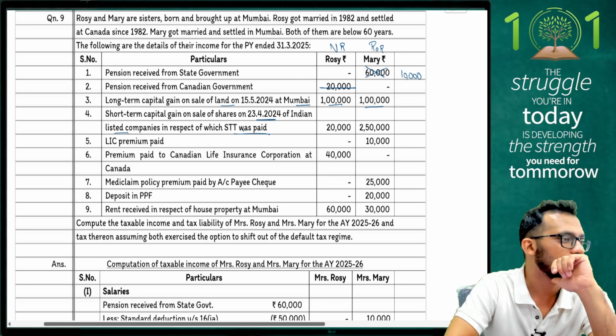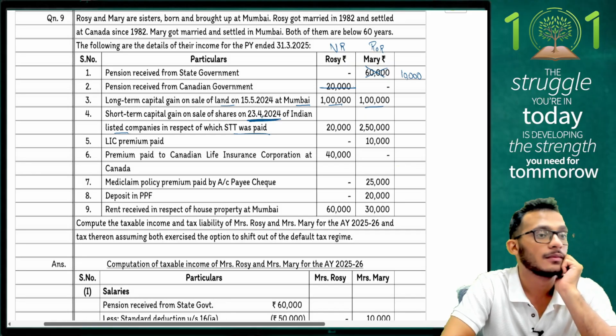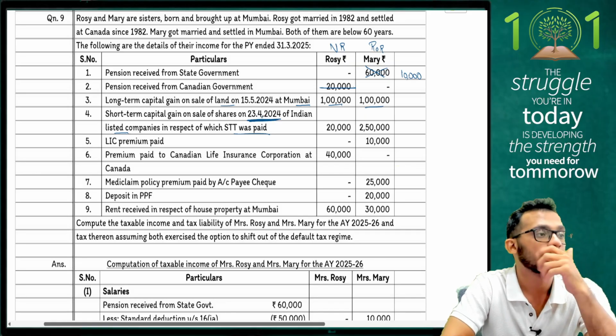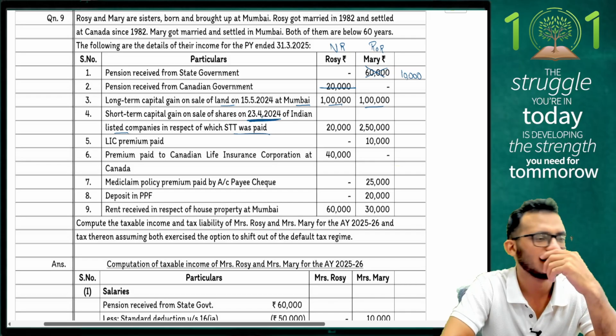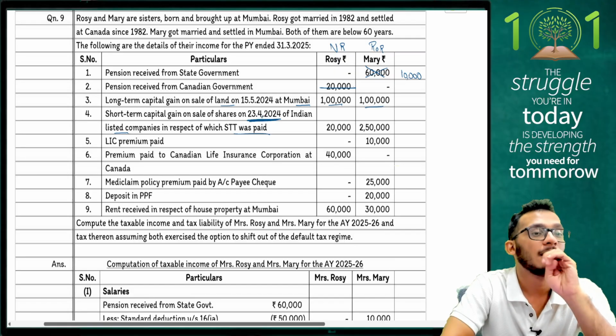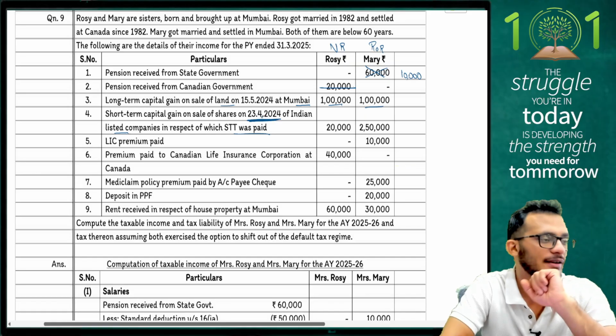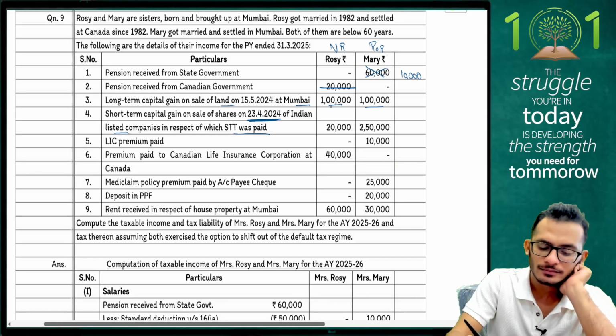This is short-term capital gains. People, the sale happened on 23rd April, before 23rd July. Therefore, 15%. 20% became applicable post 23rd July. It is 15%.